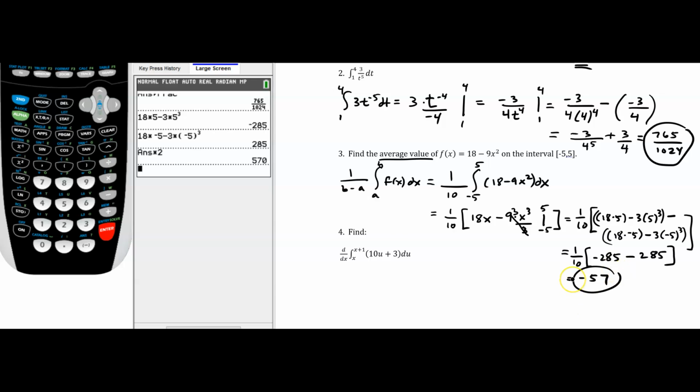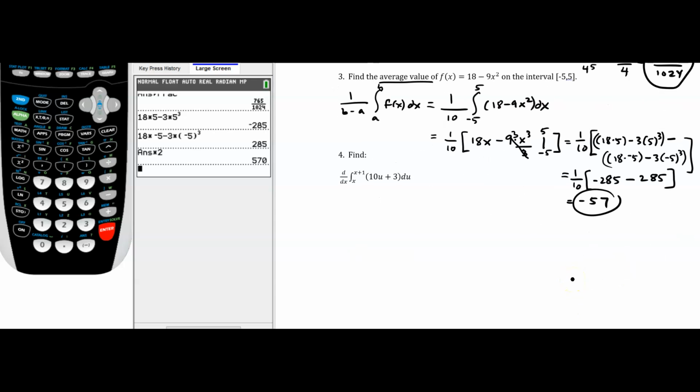Okay, example 4. This looks like it would be one of those second fundamental theorem of calculus problems, but the reality of it is we have not generalized a formula like this. Do you remember we did generalize? We said if we had the derivative of an integral going from a constant to x, that was going to be equal to just f of x.